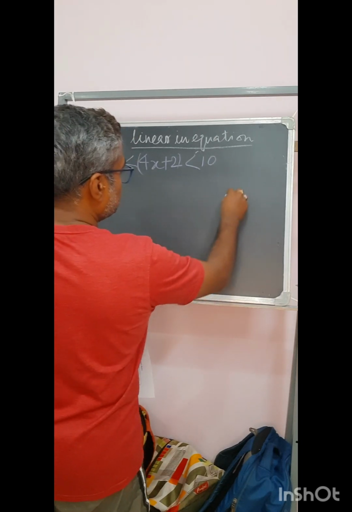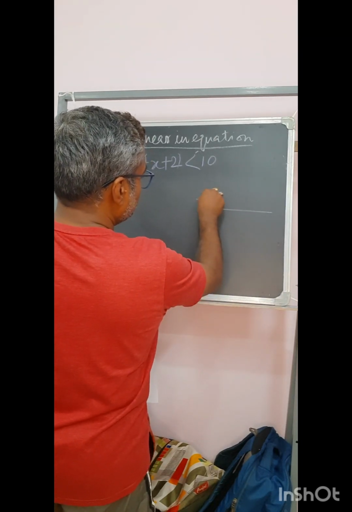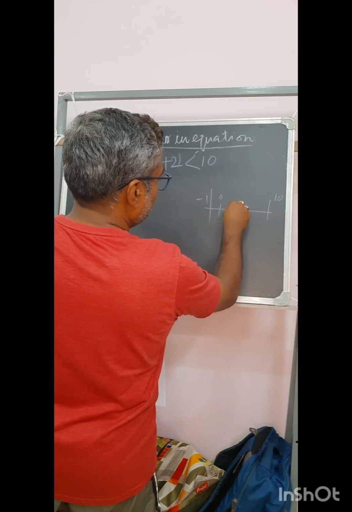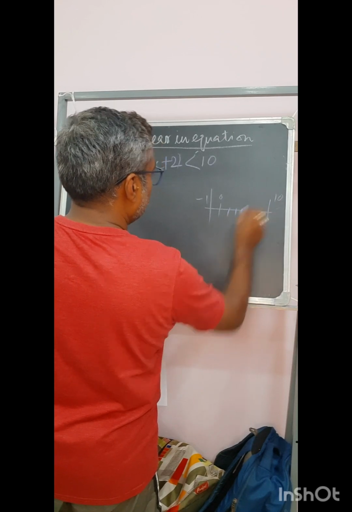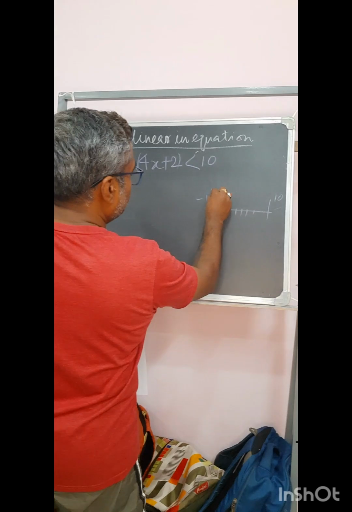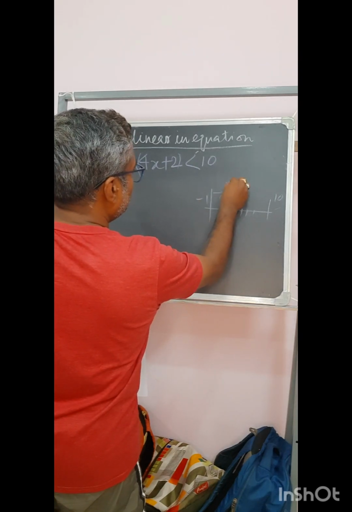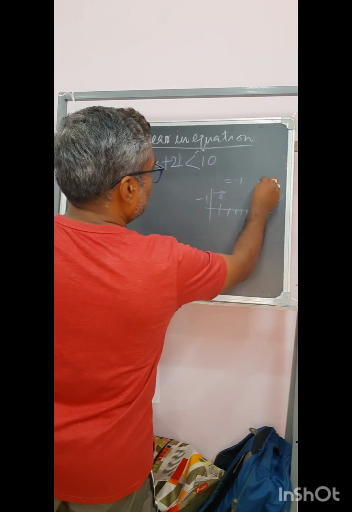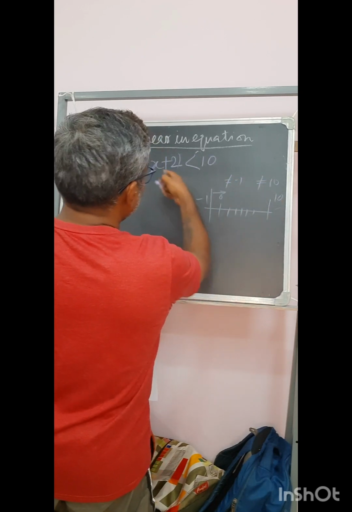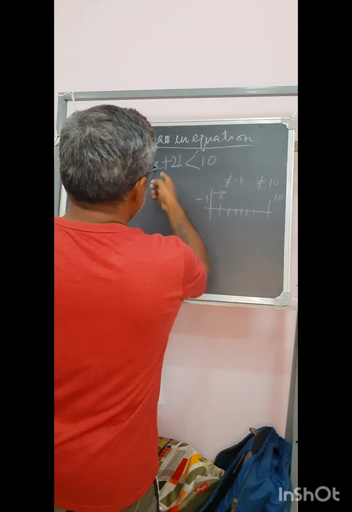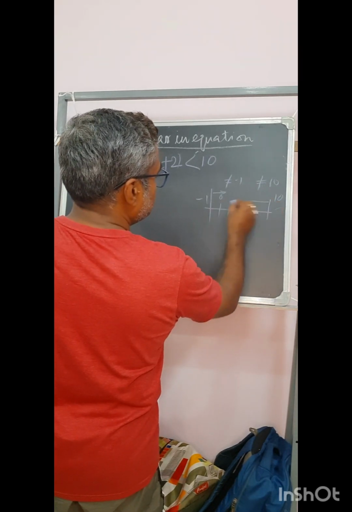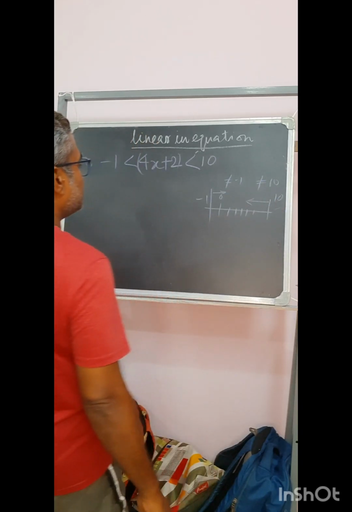This expression is in between the values of minus 1 to 10 on the scale. So 0 will be there, 1, 2, 3, 4, 5, 6 up to 10. So this is greater than, so that means it will not equal minus 1 or 10, but any value in between. So this could be a fraction also, because x is not said to be an integer, so it can be any value in between, but it will not touch either boundary.